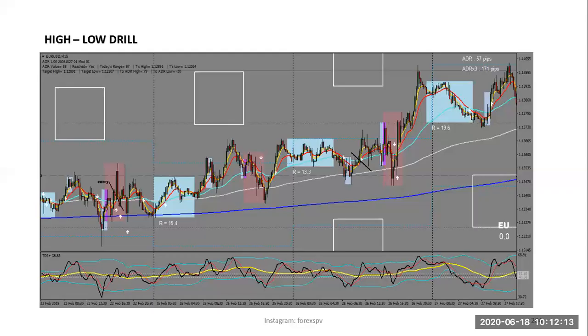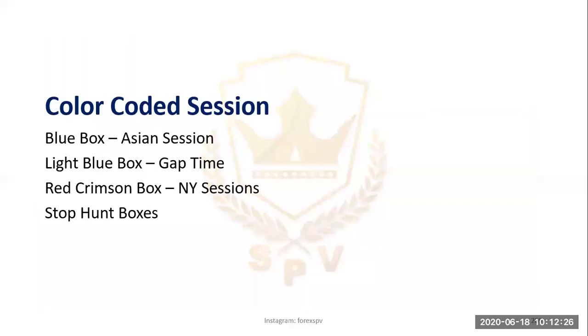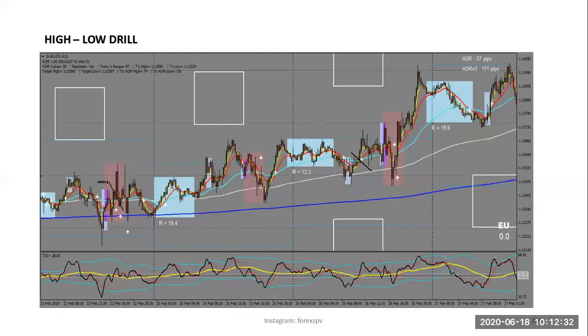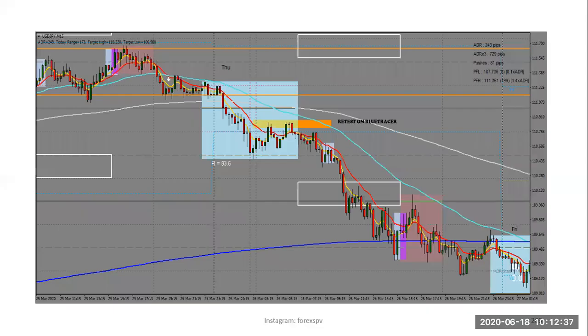For the high test and low test patterns, usually your first target should be the 200 EMA. And if the cycle is in that direction, then you can simply take more pips in that direction.